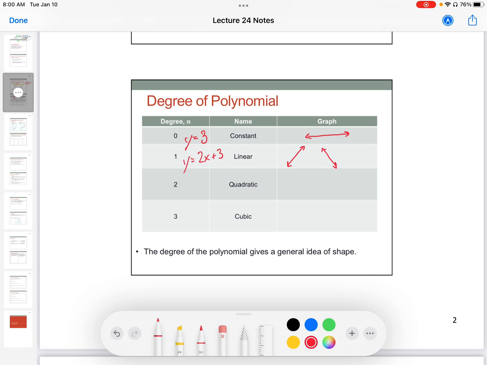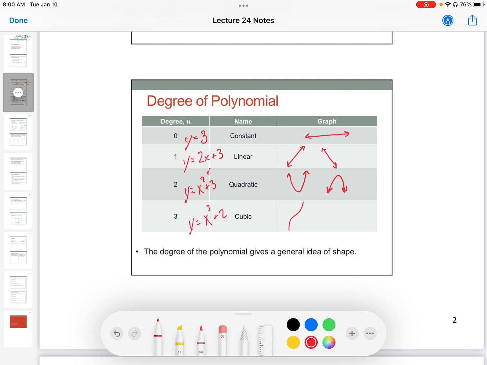Next you have a quadratic. y equals x squared plus 3. That has a degree 2. Those are your parabolas. Your parabolas can look like this, or like this. And then finally we have a cubic. y equals x cubed plus 2, degree 3.